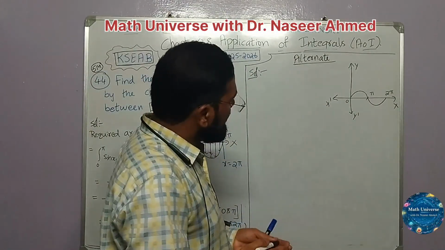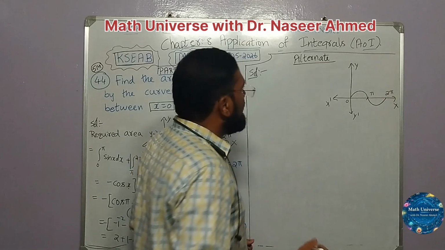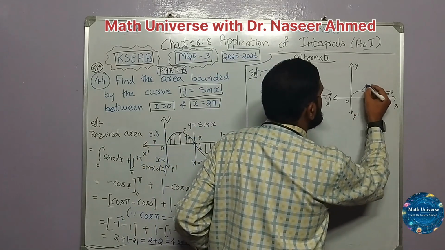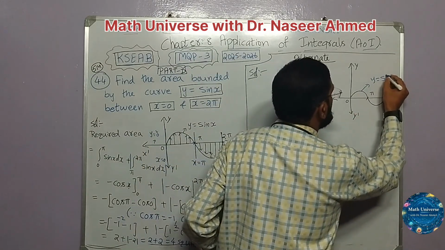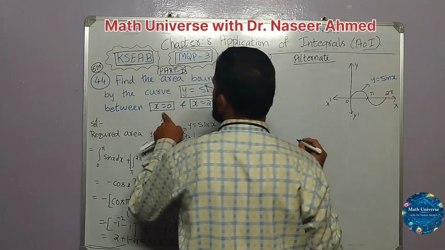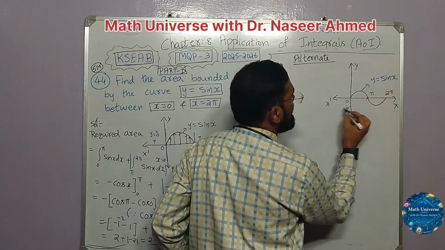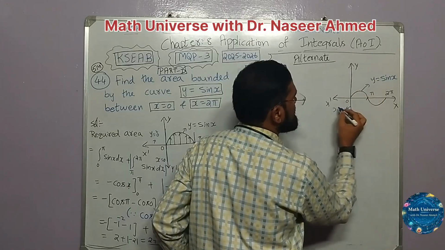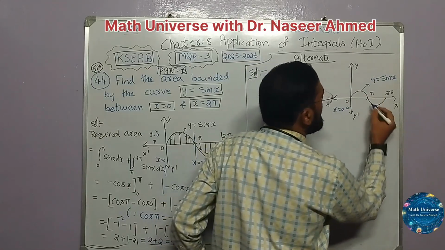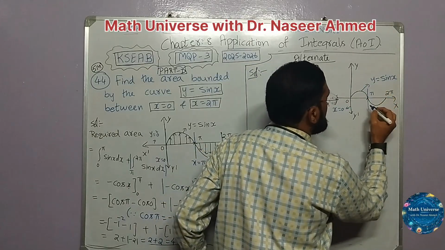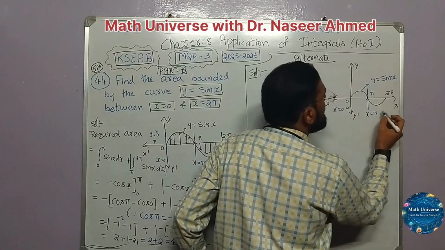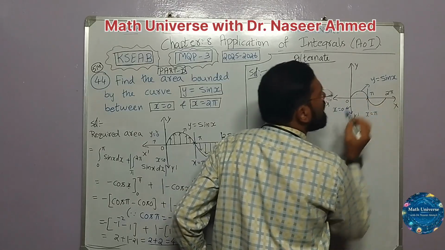Now see carefully here. This curve is again sin x only, and the question is from 0 to 2 pi. This is x equal to 0, this is the y axis, the equation is x equal to 0, and I can draw one vertical line here, x equal to pi. Whatever the area is, this same area is here also.